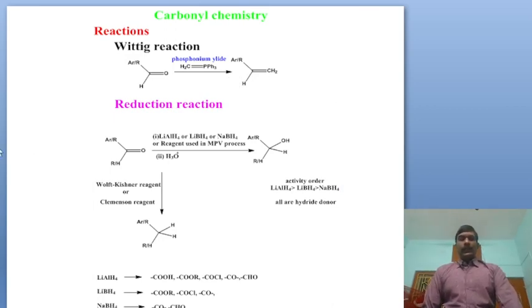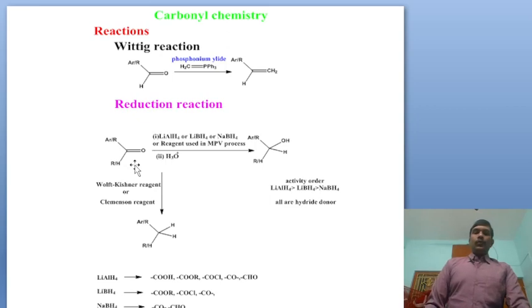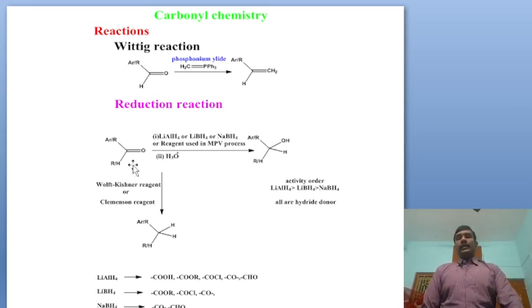The reduction reaction of carbonyl compounds. Carbonyl compounds can be reduced to alkane, or they can be reduced to alcohol. If we use lithium aluminum hydride, lithium borohydride, sodium borohydride or MPV reagent, it will produce alcohol as the major product.